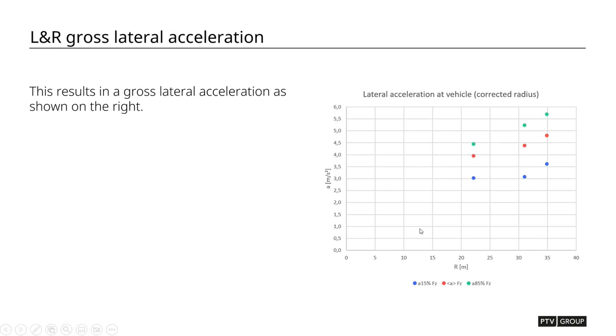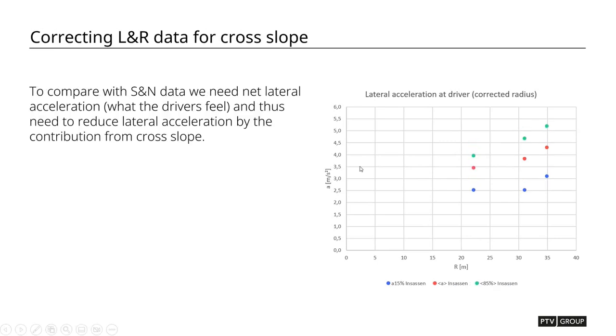But that's the lateral acceleration which attacks the car, and the cross slope of the road takes some of this lateral acceleration. To compare it with Schimmelpfennig and Nackenhorst, we need to have the sum of the centrifugal force reduced by the cross slope gravitational force component.